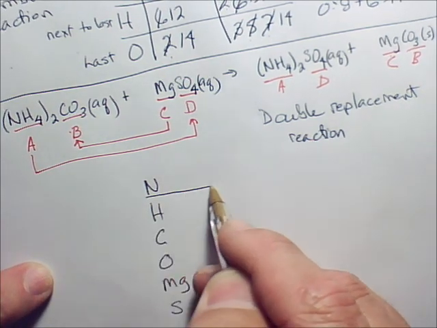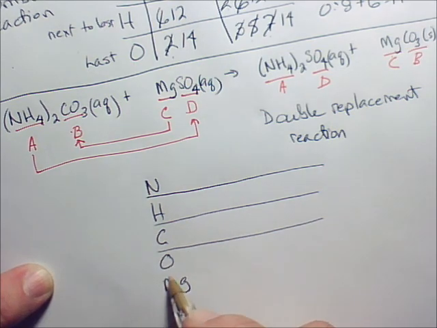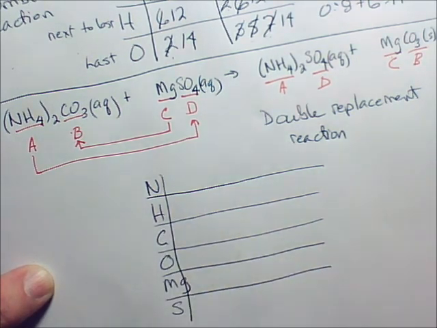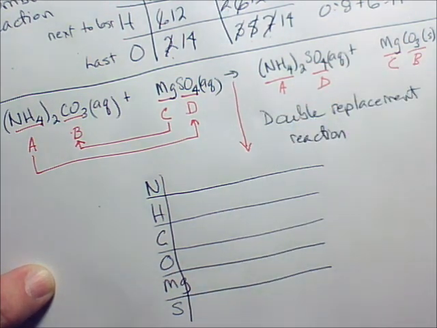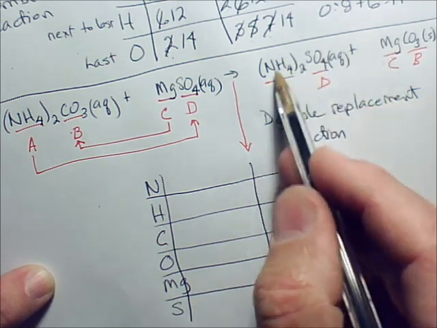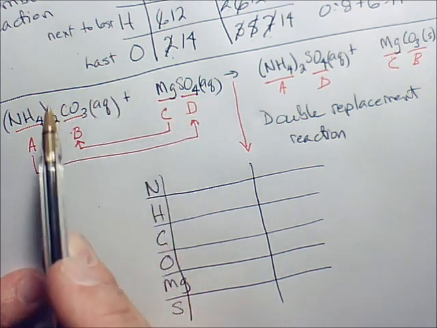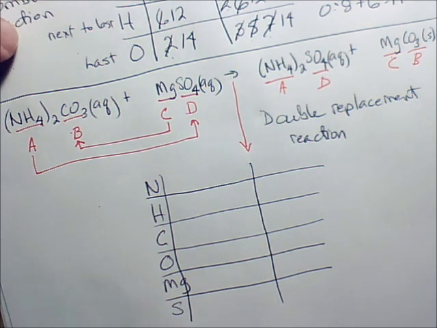Now we're going to make this little spreadsheet here, a tiny piece of a spreadsheet. We want the middle line to go right up under the arrow, because everything on this side of the equation stays on this side of the line, and everything on the other side stays on the other side of the line. Now we're ready to count.